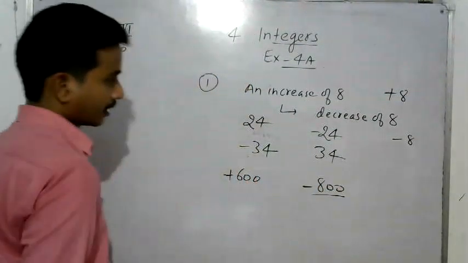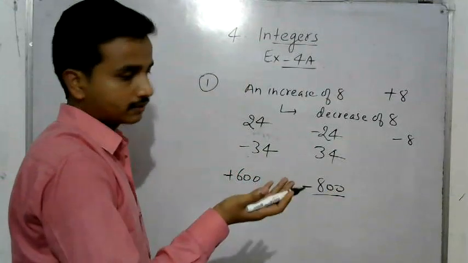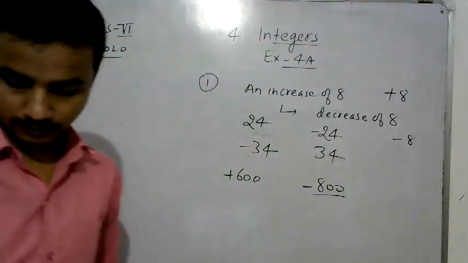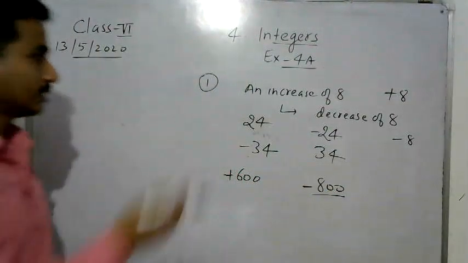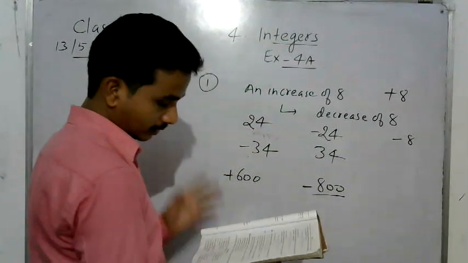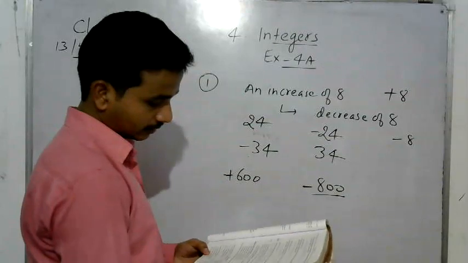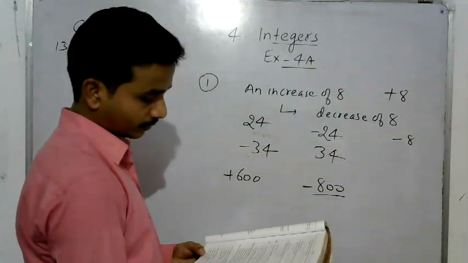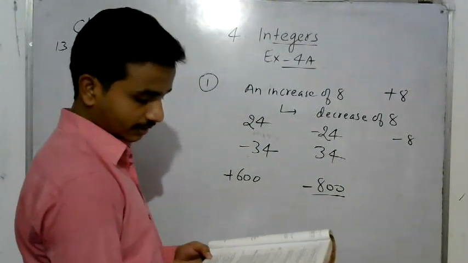In this way, when something is increasing, you have to put a plus sign, and when something is decreasing, you have to put a minus sign. So 7 degree centigrade below the freezing point is minus 7, you have to indicate the minus sign here.